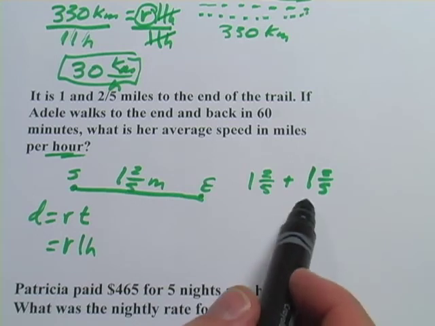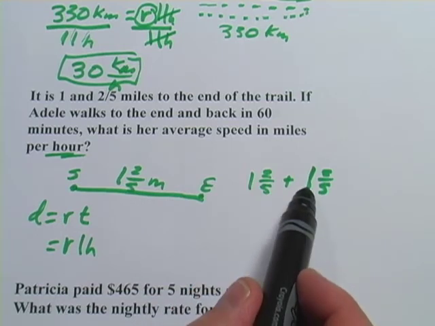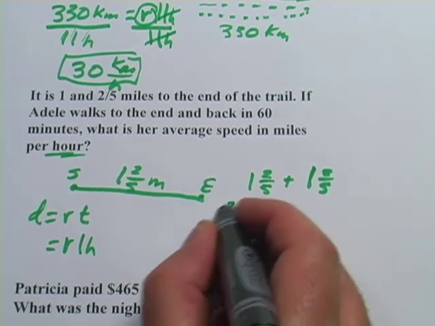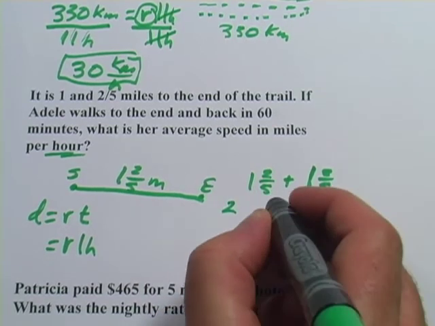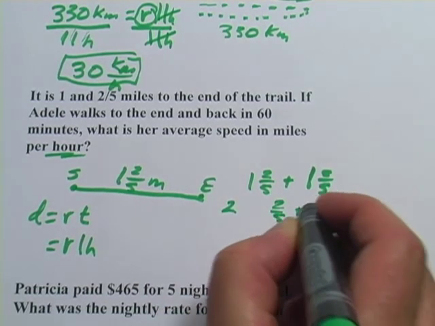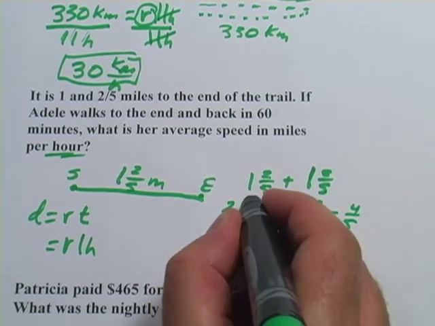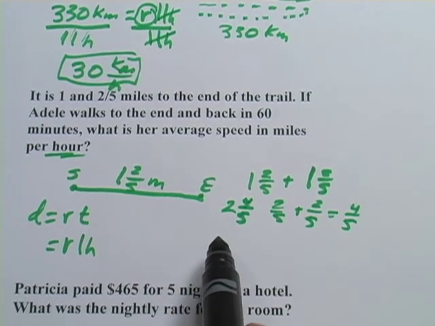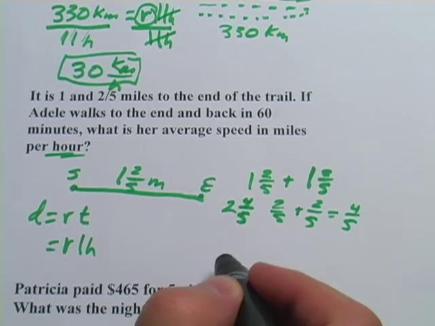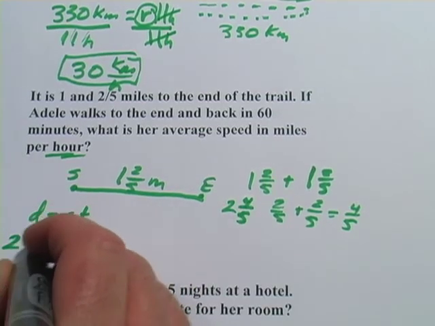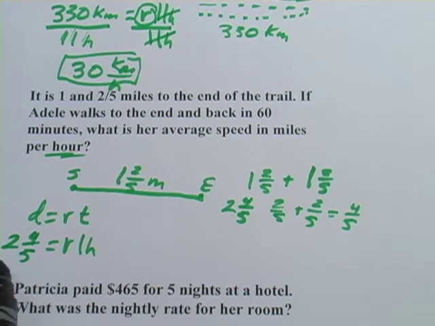I think I'm just going to take a shortcut with this one, though. I'm going to add the integers first. 1 plus 1 is 2. And then I'm going to add these fractions. I have 2/5 plus 2/5, and that equals 4/5. So it's 2 4/5. So that is my distance, 2 4/5. Let's just leave it as a fraction for now. I can always convert to a decimal later.